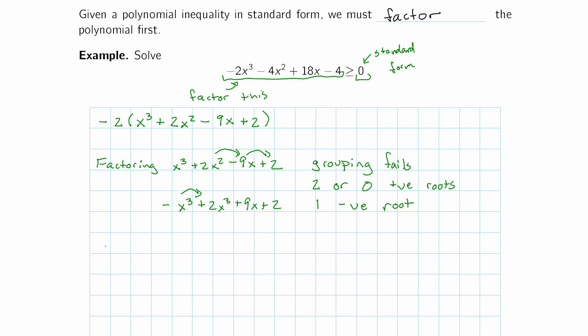My leading coefficient is 1, so my q is plus or minus 1. My constant is 2, so my p is 1 or 2. Okay, that's not too bad.